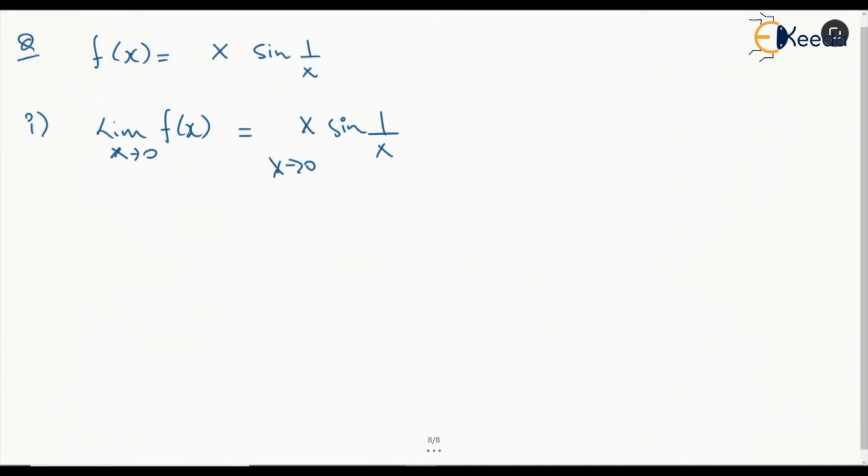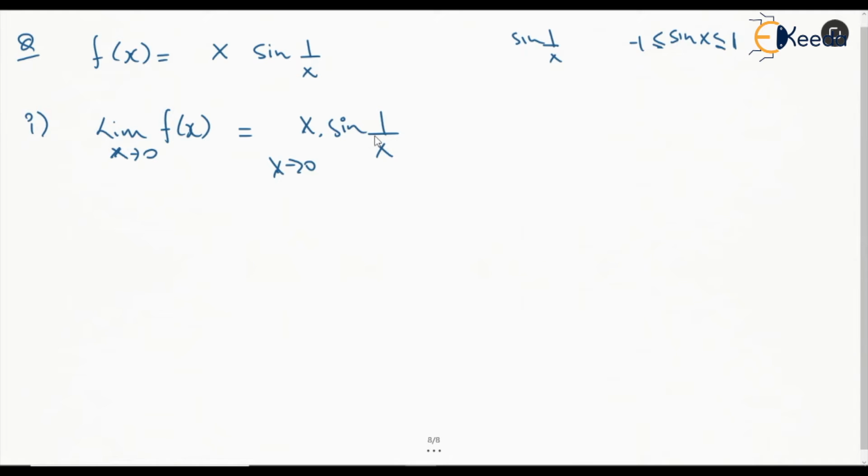Now we have x into sine 1 by x. So when x tends to 0, x tends to 0. And the sine 1 by x, we don't know when x tends to 0. This will be probably a very high value, sine at infinity. We cannot find it. But definitely we know one thing, that sine x is going to be a finite value. Right? It is going to be between -1 and 1.